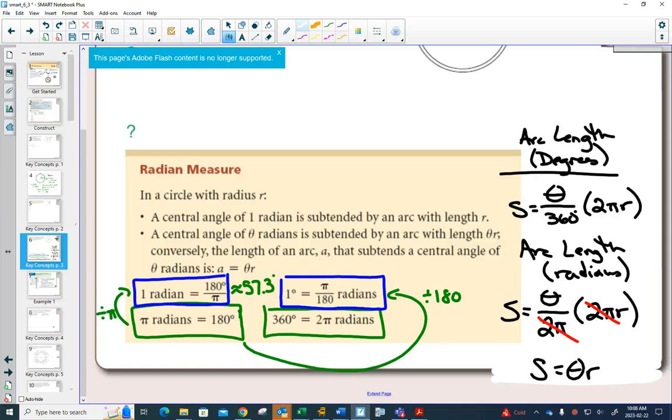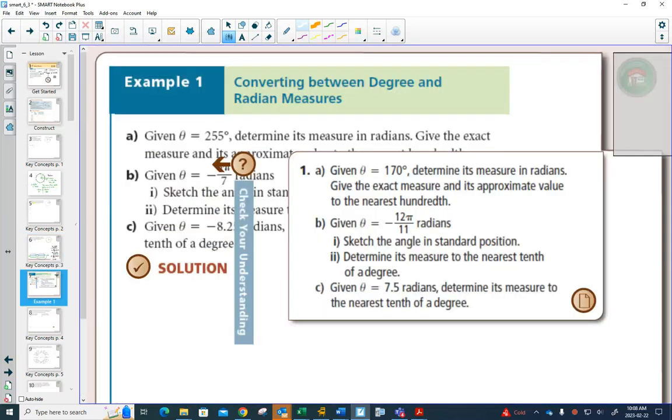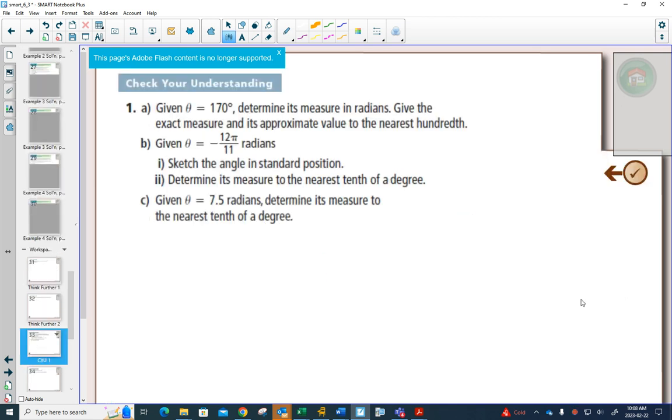So when we get to example 1, we are just going to practice changing from radians to degrees and degrees to radians. So number 1a, we have 170 degrees.